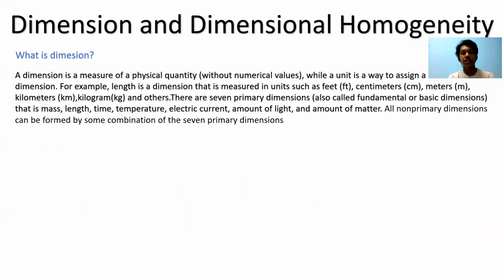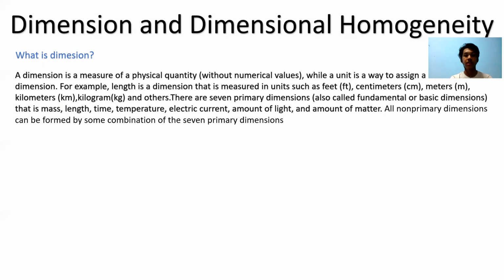Next, dimension and dimensional homogeneity. What is dimension? Dimension is a measure of a physical quantity without numerical values, while a unit is a way to assign a number to a dimension. For example, length is a dimension that is measured in units such as feet, centimeters, meters, kilometers, and others.